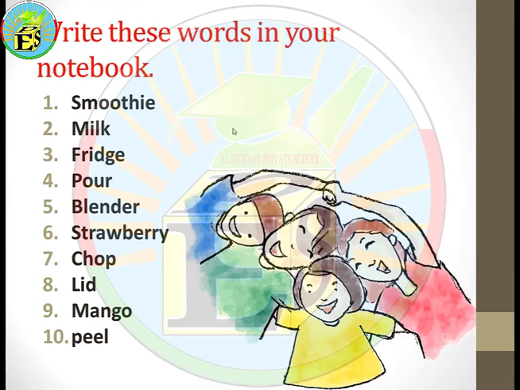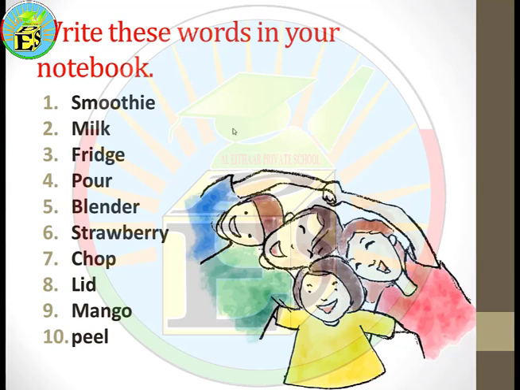Number 4, pour. Number 5, blender. Number 6, strawberry. Number 7, chop. Number 8, lid. Number 9, mango. And number 10, peel. Okay, so write these words from 1 to 10. You can stop the video and write them later on.